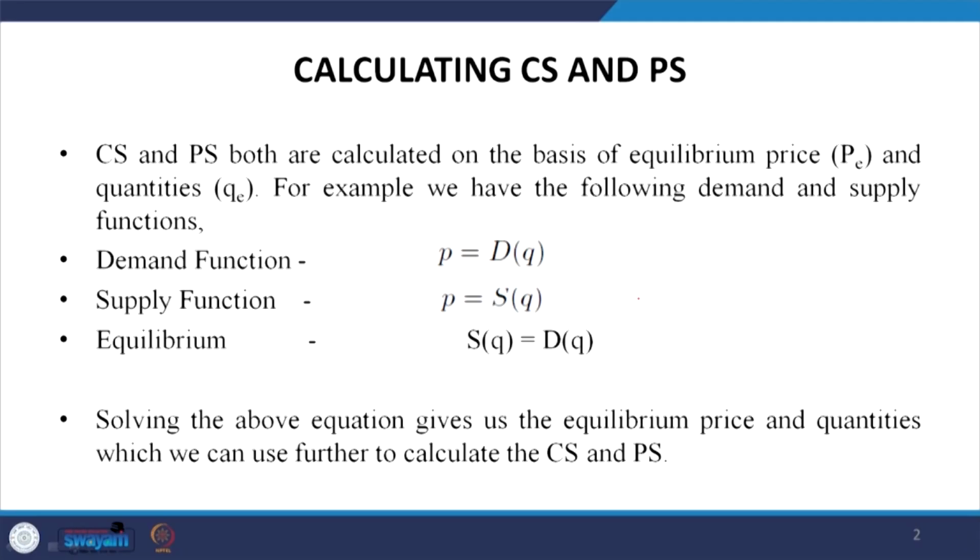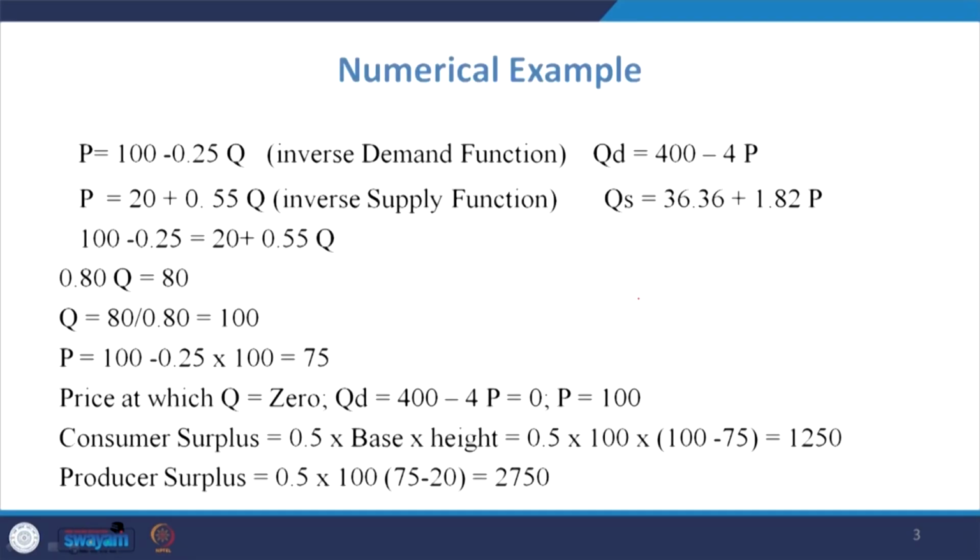And by solving these two functions or equating these two functions, we can estimate the quantity Q and market price, and then on the basis of these two estimates we can know consumer surplus.